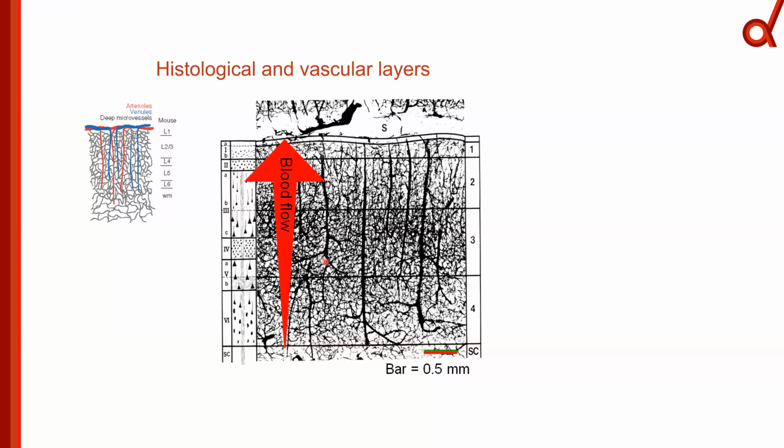So in terms of our fMRI experiments, unlike a normal fMRI situation, we have to contend with blood flow from the deeper to the superficial layers. And this will be a recurring theme, I suspect, throughout the week. And just for your information, there are, of course, the six histological layers, but there are also different levels of vascularity as a function of depth, which don't strictly match with these.